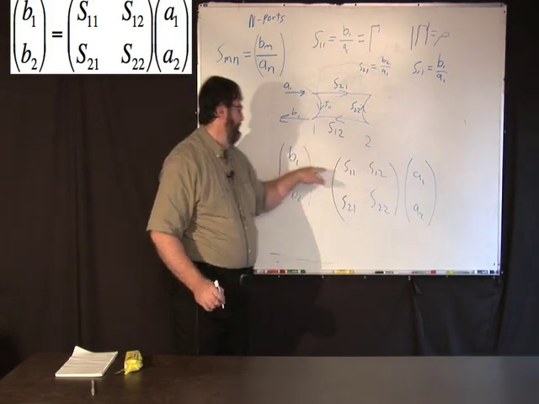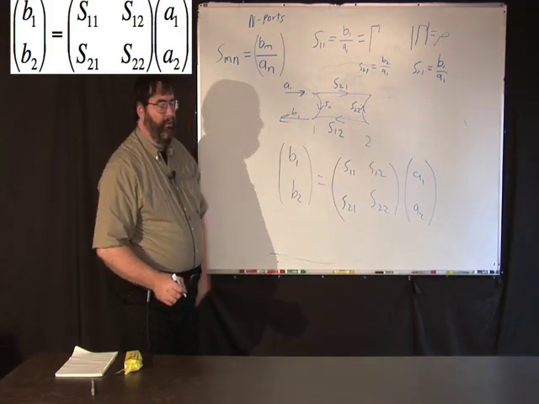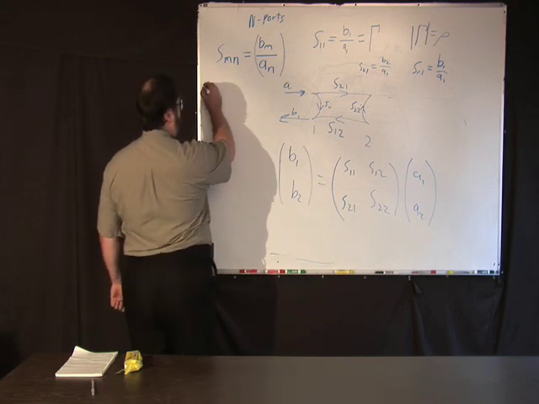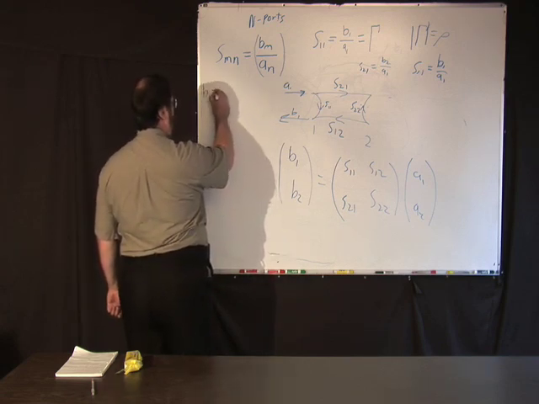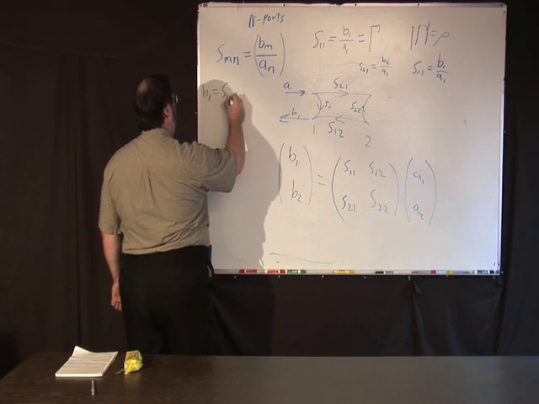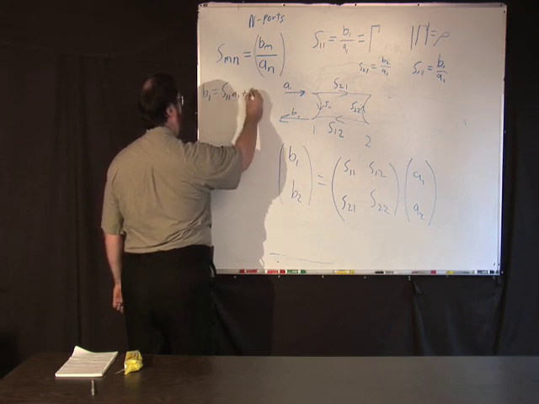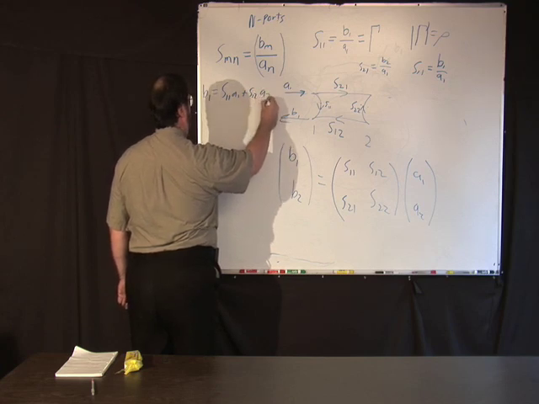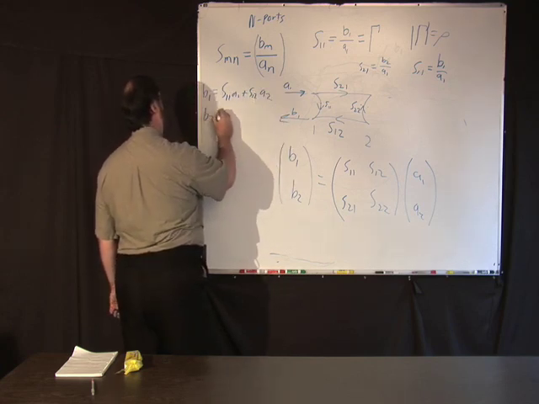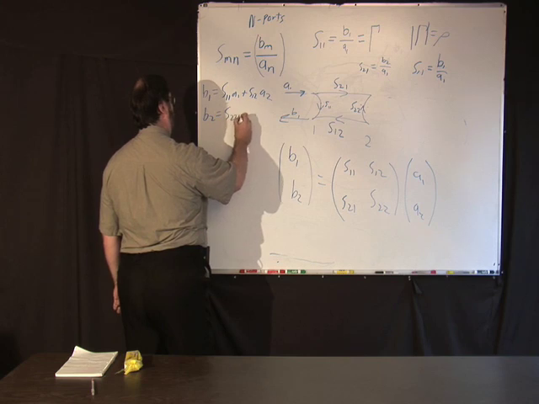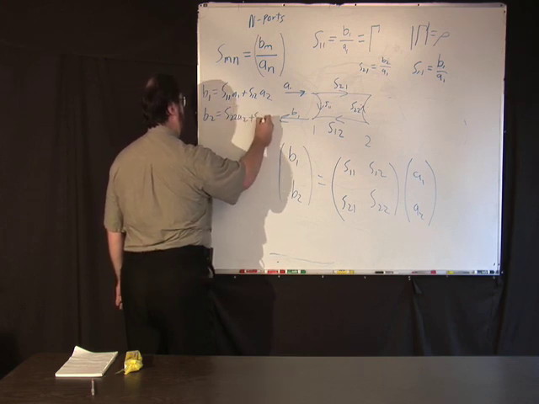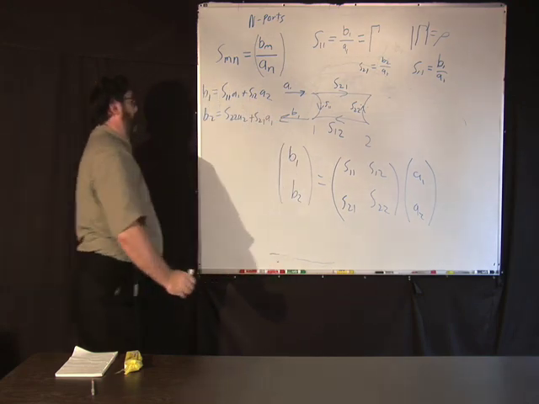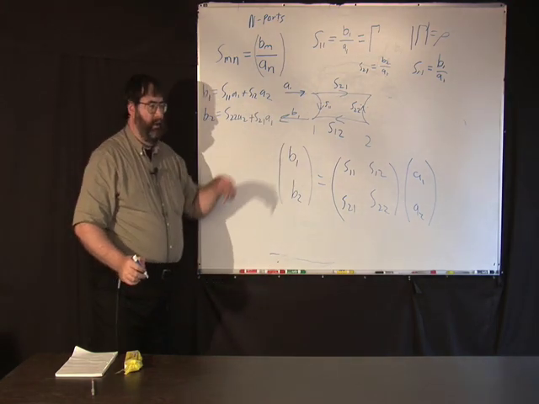Matrix multiplication. So if you have signals both A1 and A2 at a two-port, you're going to have B1 equals S11 A1 plus S12 A2, and B2 is S22 A2 plus S21 A1.